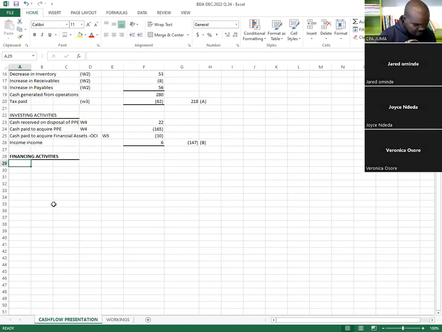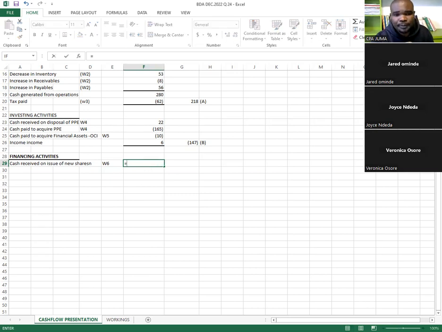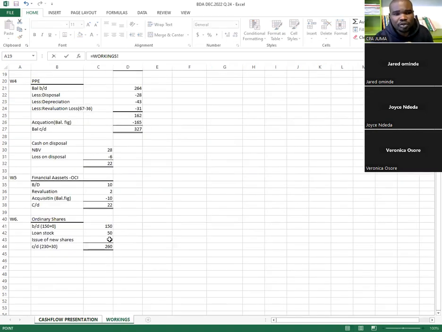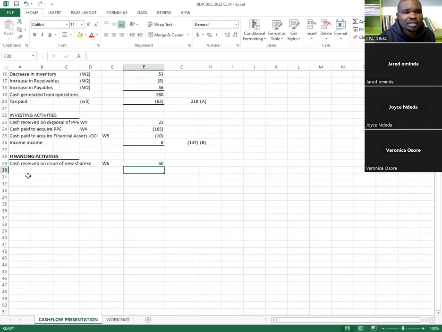So you come here and say cash received on issue of new shares. Check for us working 6. So this is working number 6. Working 6 is equals to this one here. You enter like that.